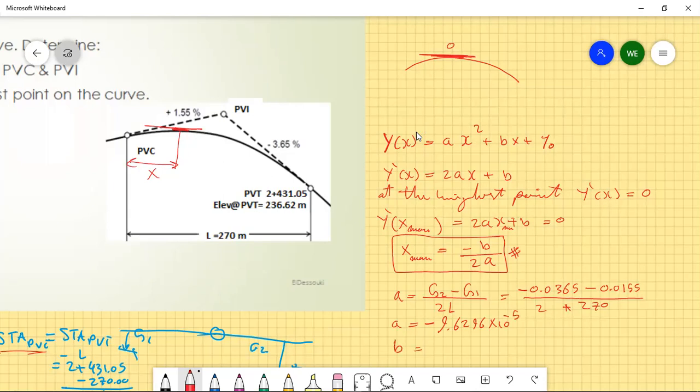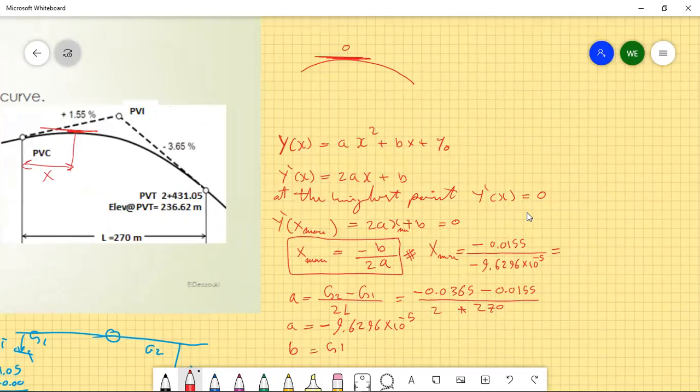b equals G1. So here x max equals minus G1, which is 0.0155, divided by minus 9.6296 multiplied by 10 to the power minus 5, which equals 160.96 meters.